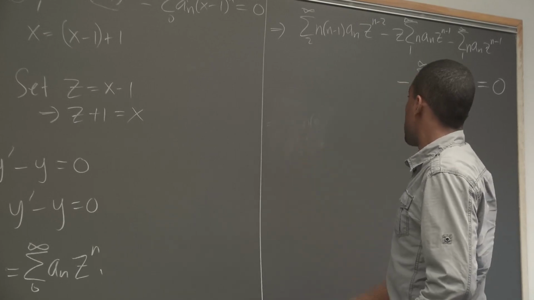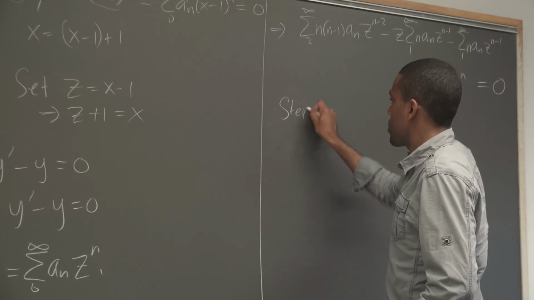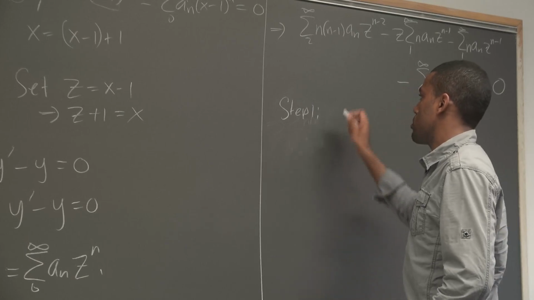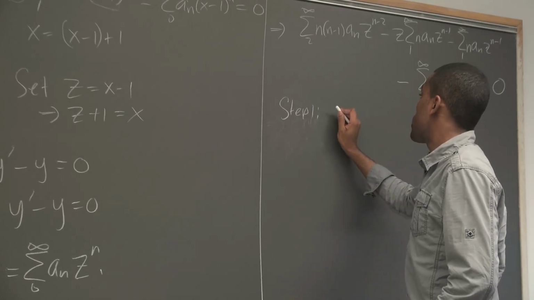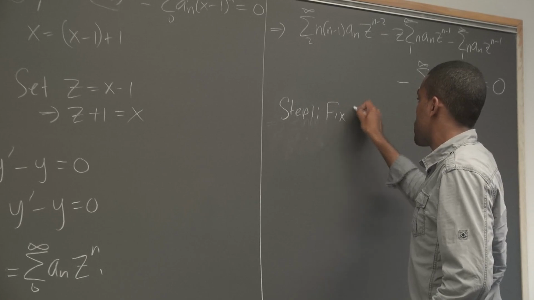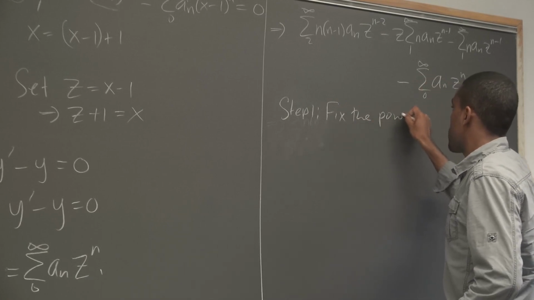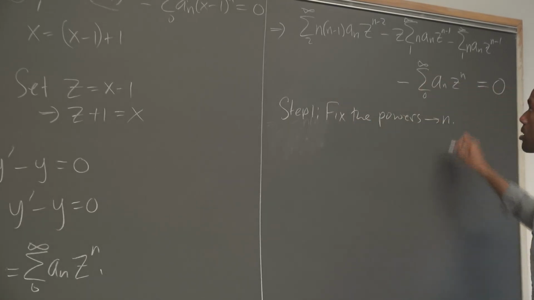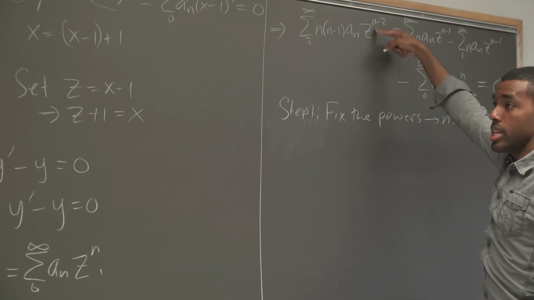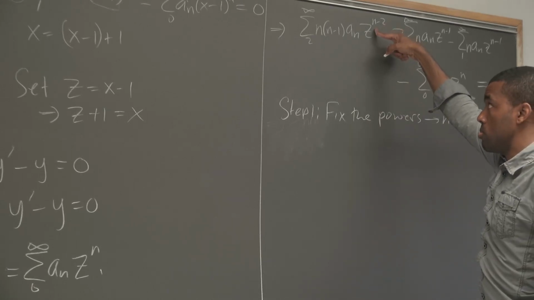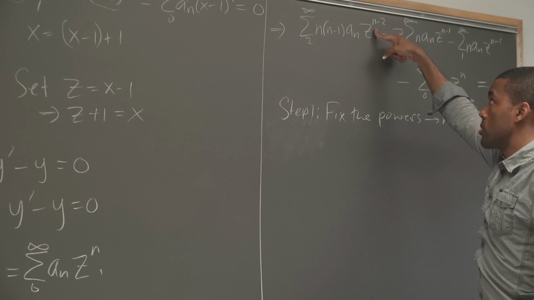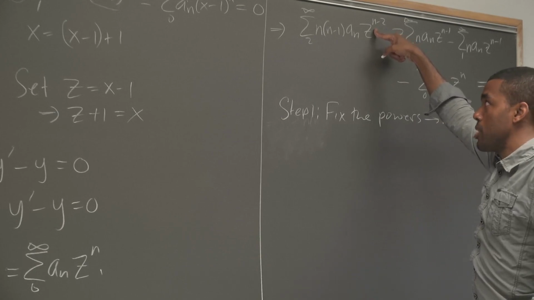All right, so remember what was step 1? Fix the powers. You want them to go to n, right? So this guy, how do I change that power to n? Plus 2. Take all n's, replace them with n plus 2's, right?